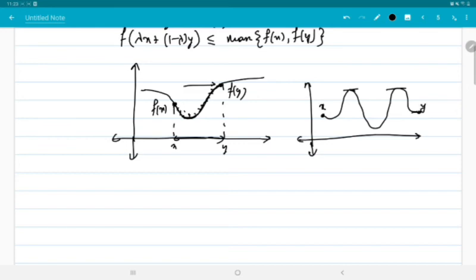So this is f of x and this is f of y. There are points at which the value is more than the maximum of f of x and f of y. So this function is not quasi-convex.